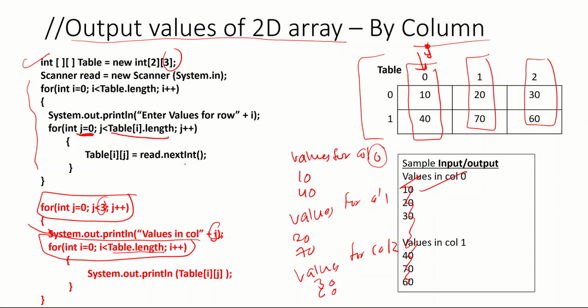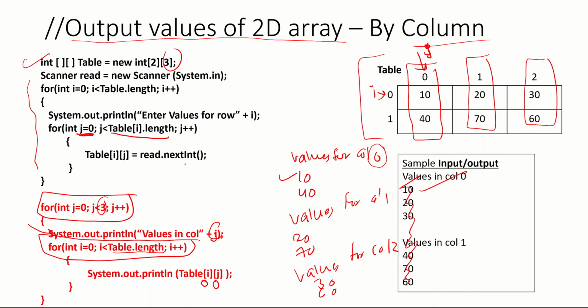Here the length is fine, which is the number of rows, which is 2. What we need to do is output the element at I and J. Always remember your syntax should be I and J, which row and which column. So now I starts from 0, and J is 0 as well. So the first output is at 0 and 0, the element inside which is 10.